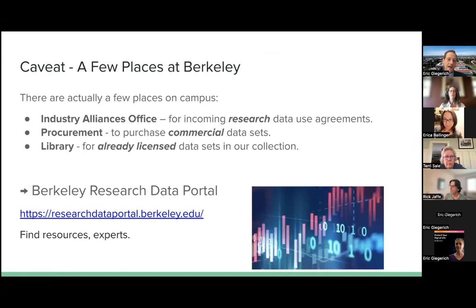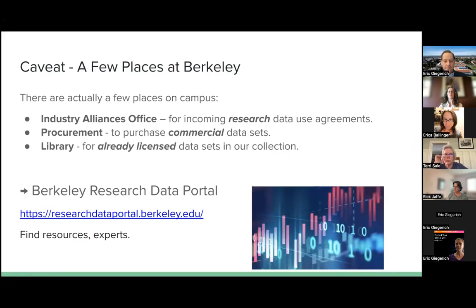There are a few places on the Berkeley campus to have a data agreement looked at or reviewed, or to talk about how to get data. Our office, the Industry Alliances Office, handles incoming research data use agreements. You can go to procurement if you have a commercial data set and it's for a fee. The library already has licensed data sets in its collection, so you can go talk to them.